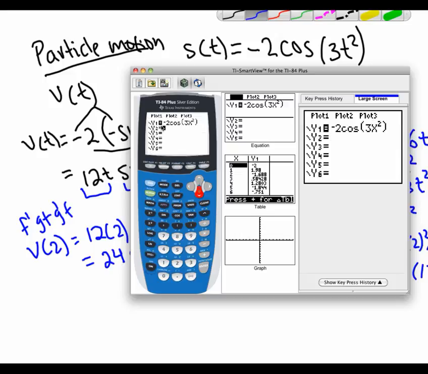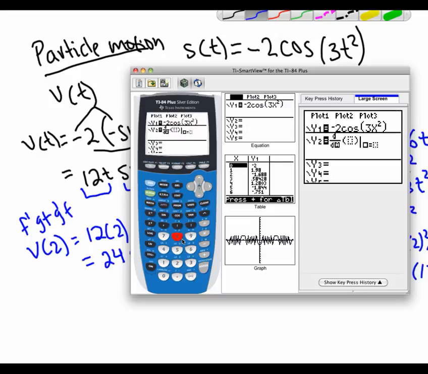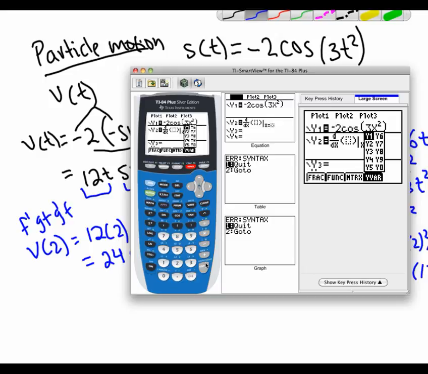Y sub 2 is going to be my velocity function, which is the derivative of your position function. So what I do then is say math 8, the derivative of y sub 1 with respect to x, with alpha trace, y sub 1, and then with respect to x at any given x.